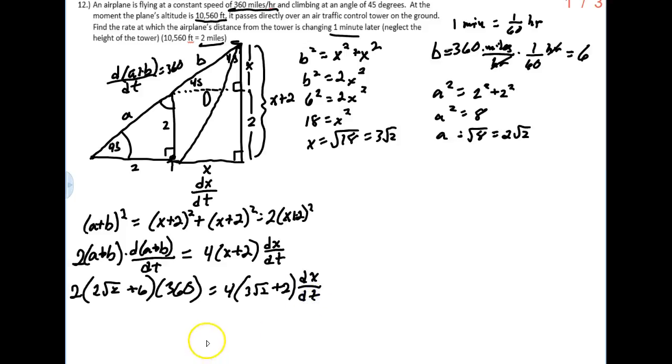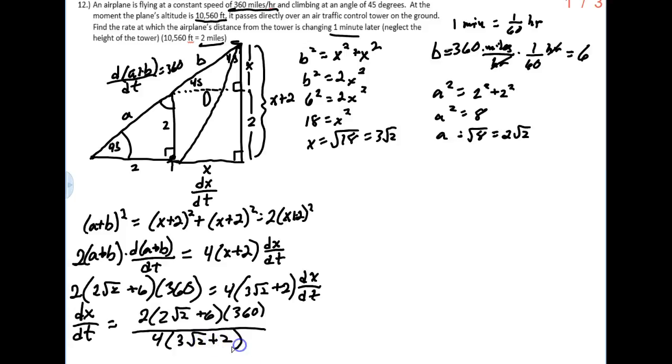So now I can solve for dx/dt. dx/dt is equal to, I take that thing divided by that. So 2 times (2 root 2 plus 6) times 360 divided by 4 times (3 root 2 plus 2), right?